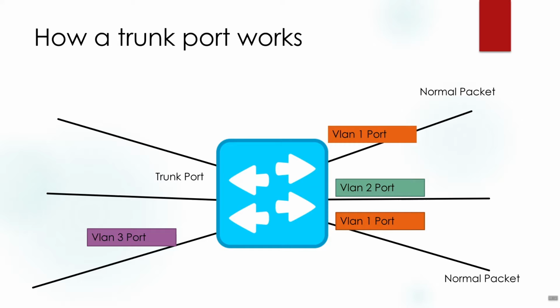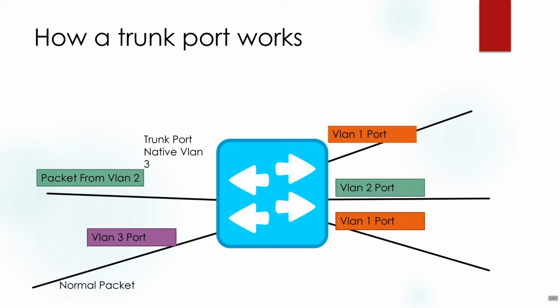But this second packet comes into the VLAN 1 port, into the switch, and then out of the switch, it comes as a packet tagged with .1q, saying this is a packet from VLAN 1. So let's see how that trunk port works the other direction.